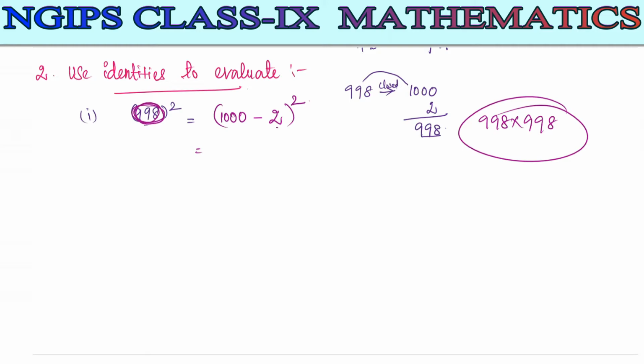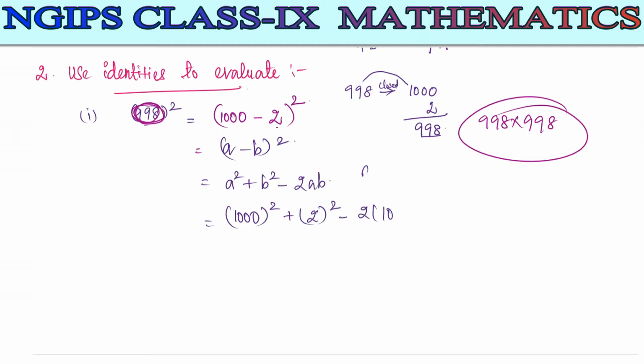Now we need to use the identity. It is in the form of (a minus b) whole square. The formula is a square plus b square minus 2ab. So I can write a value 1000 square plus b value 2 square minus 2 into a, which is 1000, and b, which is 2.